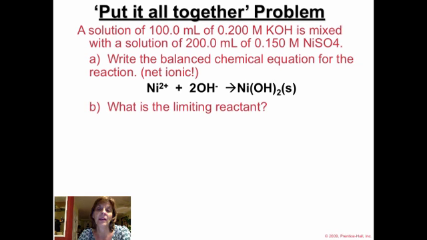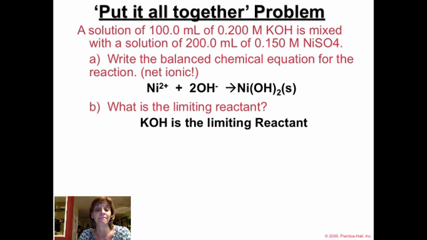Okay, what's the limiting reactant? We practice this for our quest. Take a moment. Figure out how many moles of the nickel ion, how many moles of the hydroxide ion you have to start with, and figure out what's going to run out first. Pause. Turn back on when you're ready.